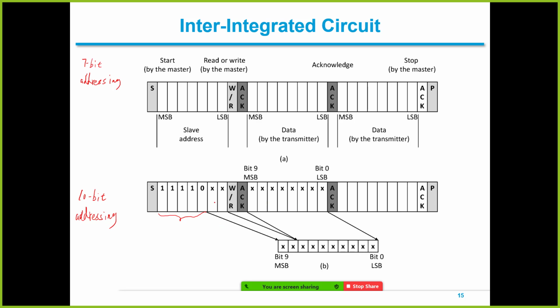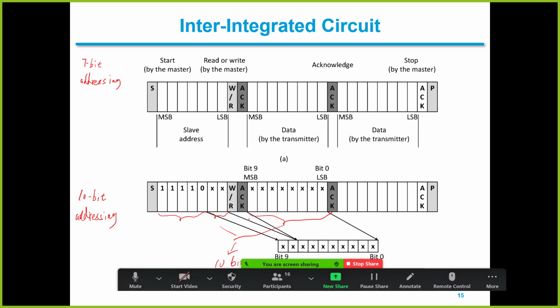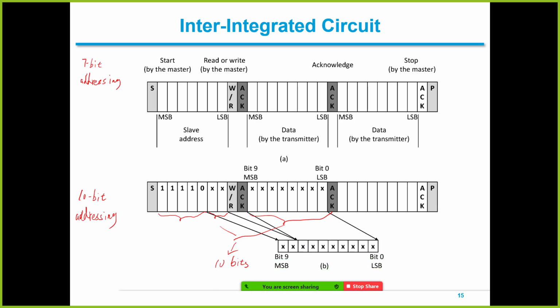So these 2 bits plus these 8 bits together make 10 bits, which is specified here. These 2 bits plus these 8 bits form this 10-bit address. Here is the MSB, here is the LSB. Yeah, this is the 10-bit addressing mode. Different from the 7-bit, it's more complicated.